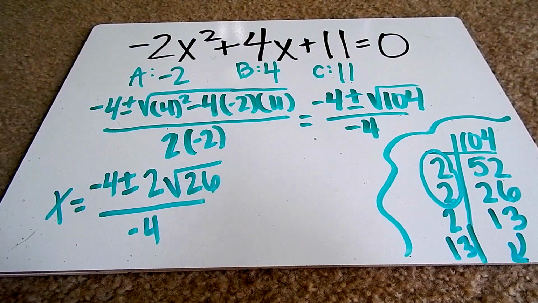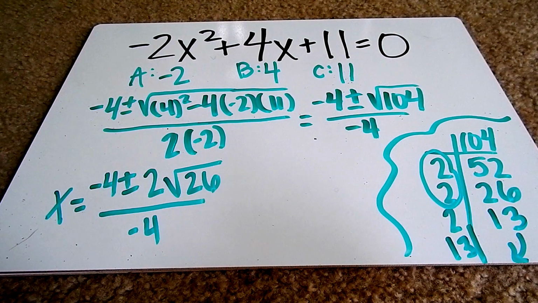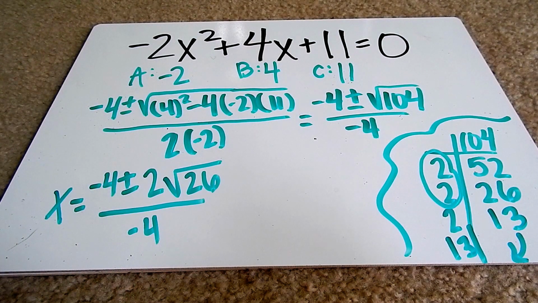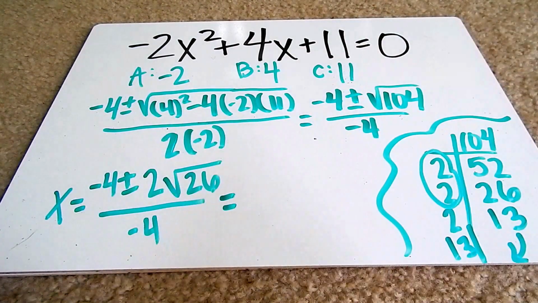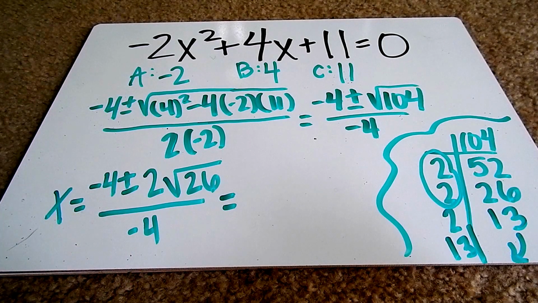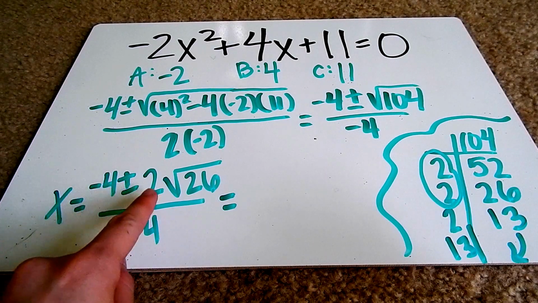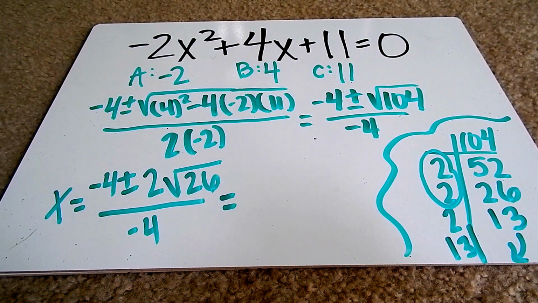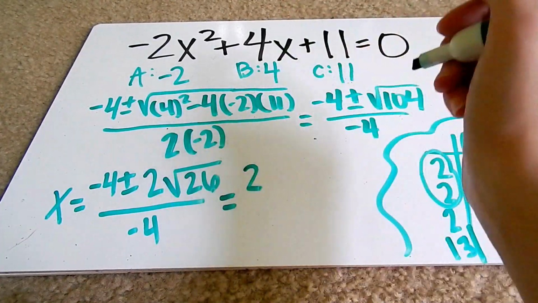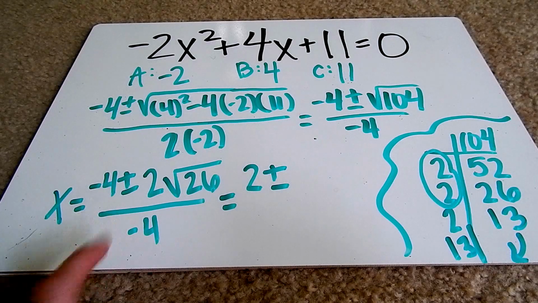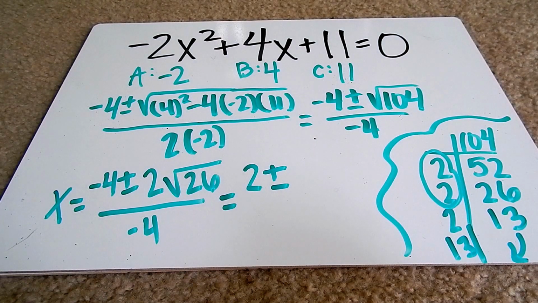That's not actually my final answer because I can reduce all 3 of these numbers by a 2. I actually want to reduce by a -2 to get rid of this negative here. So I'm going to divide every number here by -2 except for the square root. So -4 divided by -2 first, I would get +2 plus or minus 2 divided by -2 is -1.